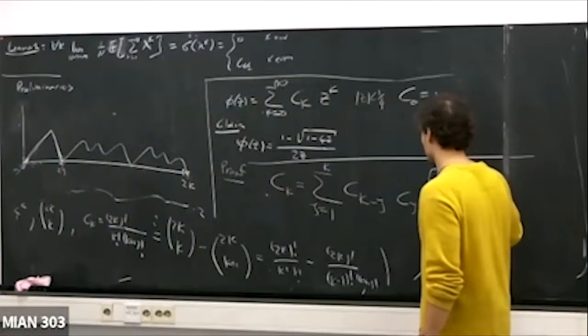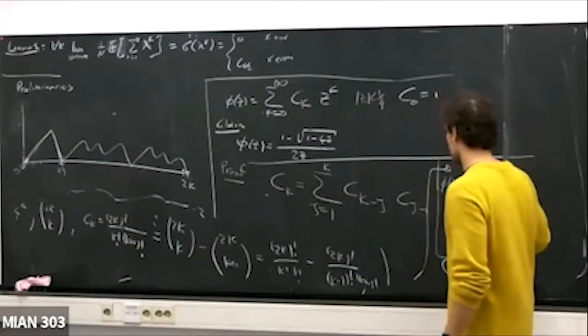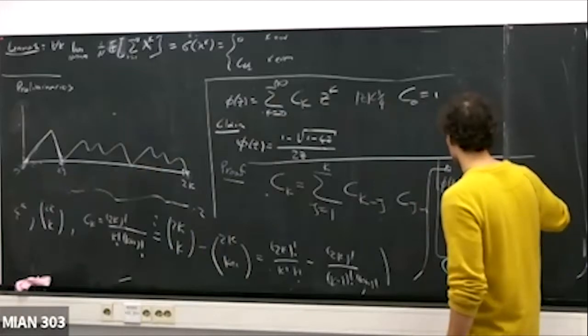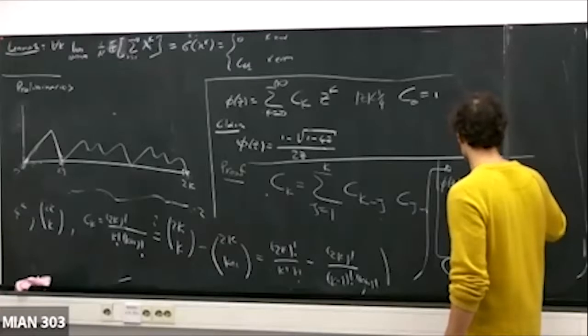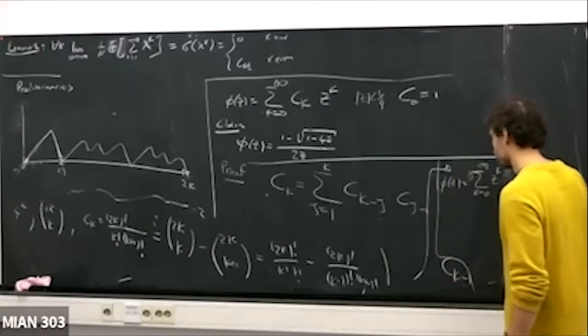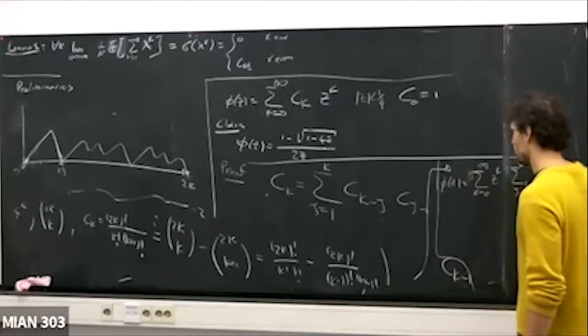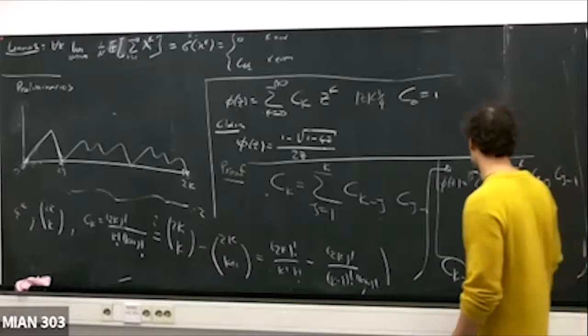Okay, then we have that phi of z is the sum from 0 to infinity of z to the k, sum over j from 1 to k of c_{k-j} c_{j-1}.